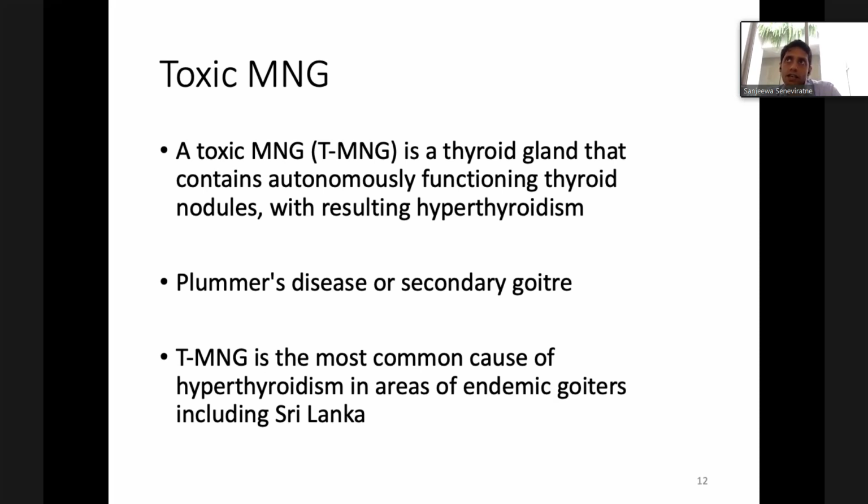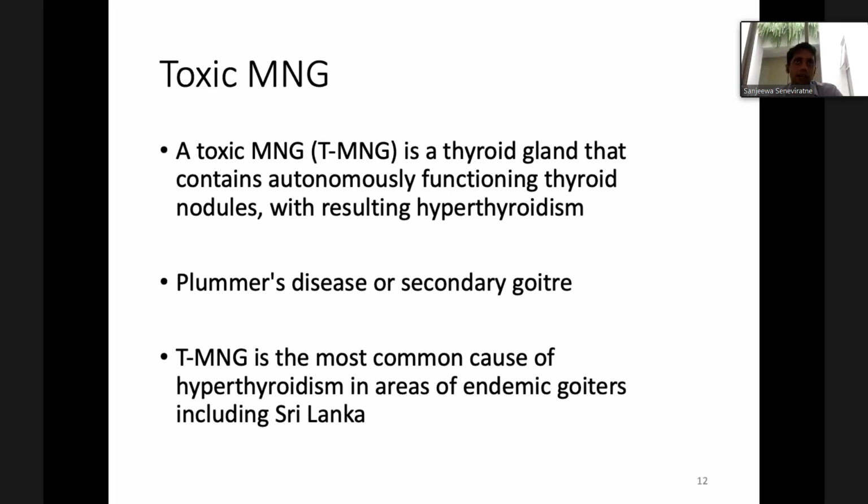You may be aware that in Sri Lanka, the incidence of multinodular goiter is quite high, especially this part of the world, South Asia and Southeast Asia. It's a very common problem as compared to the West. For example, there are population-based studies conducted in Sri Lanka, where they have documented that about 8% of adults in Sri Lanka do have a multinodular goiter.